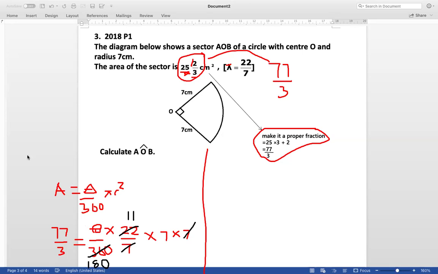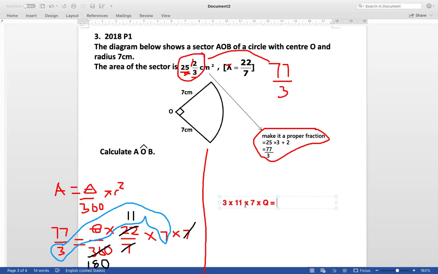So we are now going to multiply the denominator on the left and the numerator on the right. So these are the odd numbers that are remaining. So we're going to have 3 multiplied by 11 multiplied by 7 multiplied by theta.